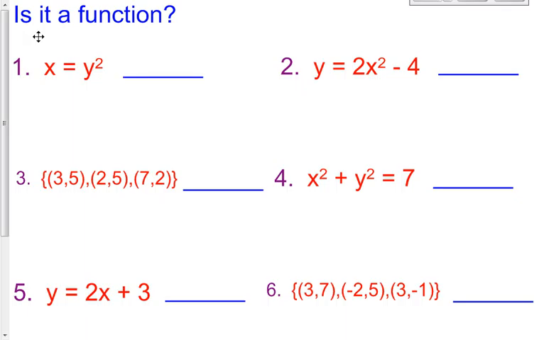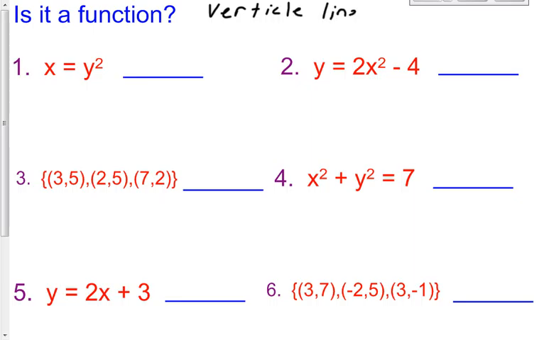So what are our hints for determining if a relation or an equation is a function or not? Hopefully you remember that if we see a graph, it's very easy to tell if it's a function just by using the vertical line test.